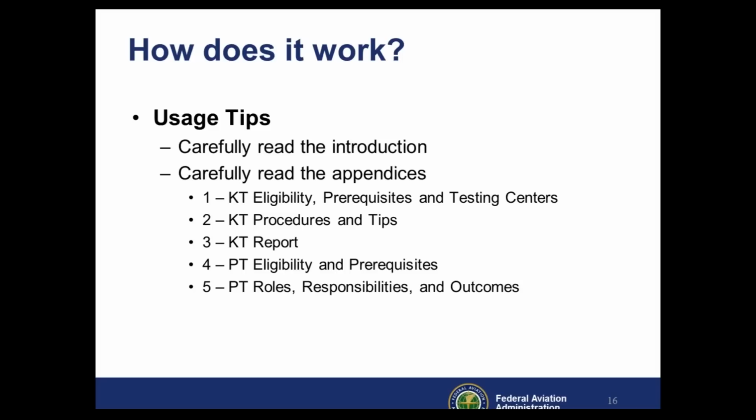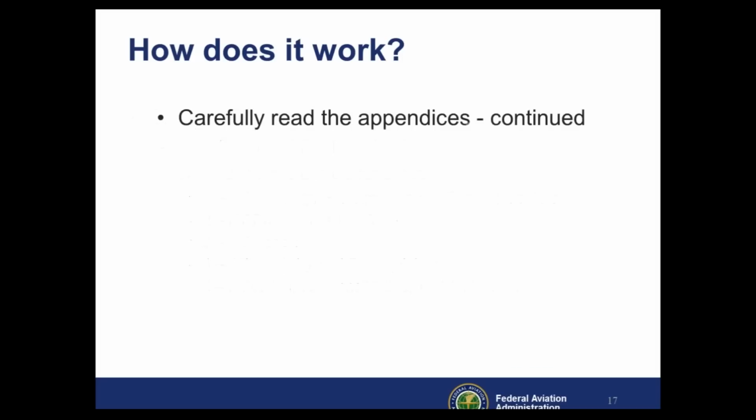What type of things would constitute satisfactory or unsatisfactory? Also talks about the other outcomes of a practical test, the letter of discontinuance, notice of disapproval, or what we all hope for, the temporary certificate being issued. The information here hasn't changed in concept from the PTS, but it's been rephrased. So certainly spend some time there and make sure you don't have any questions about Appendix 5.